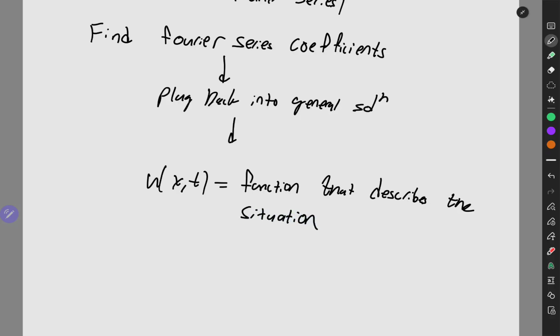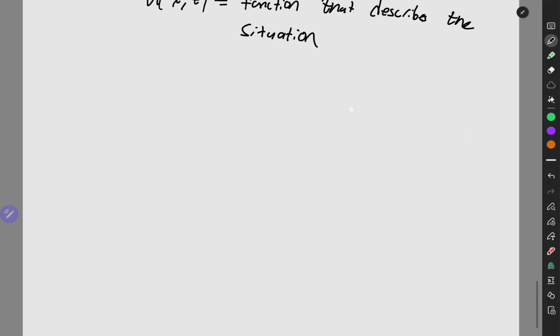Now, before I go into why you'd want to do all of this, I completely forgot to bring up linearity, or let me call it linear versus nonlinear. What makes a PDE linear or nonlinear?